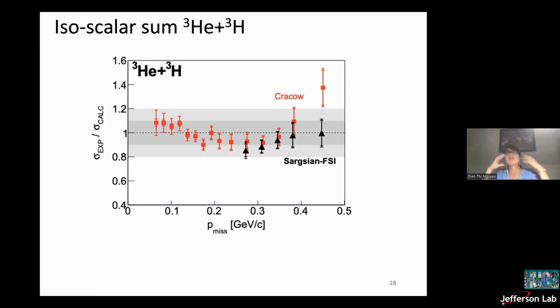You may think, 10%, why is it a big deal? But think back about how complicated this calculation is. It is a full calculation that includes different types of reaction mechanisms, and you can describe the data at the level of 10% within the error bar. That is a very impressive result.